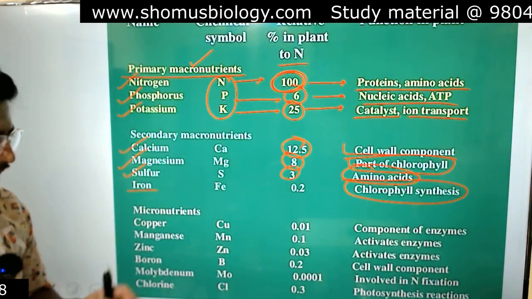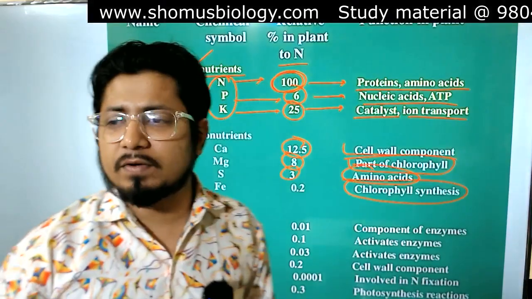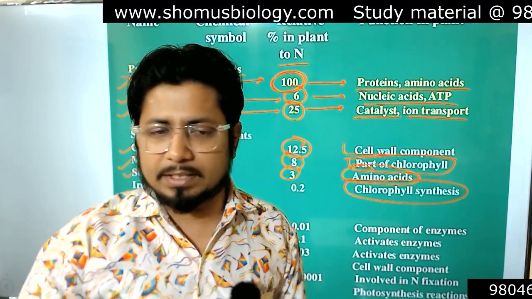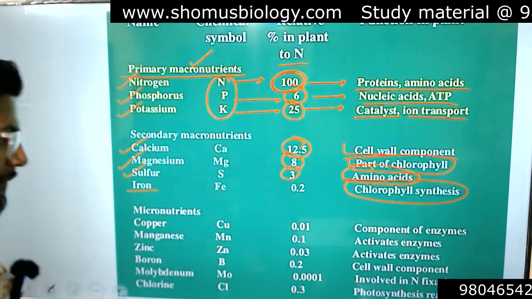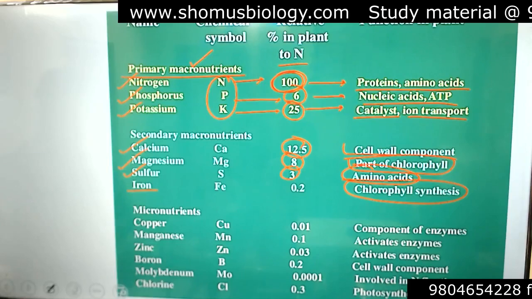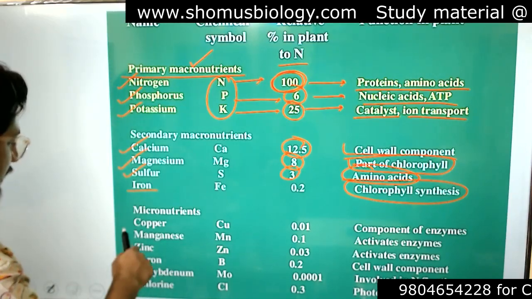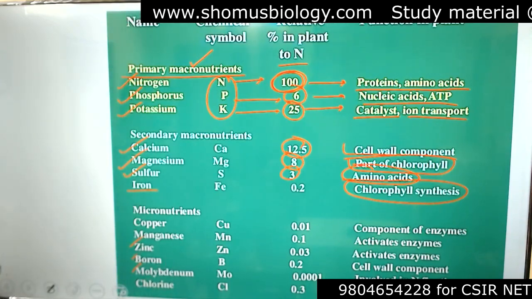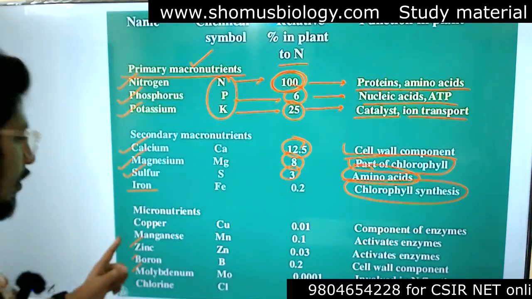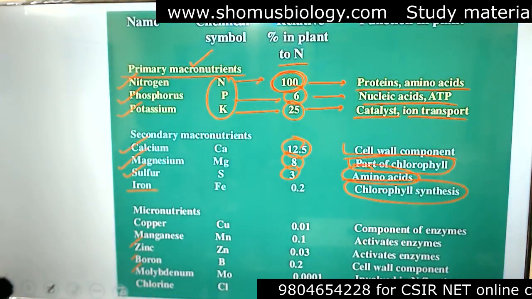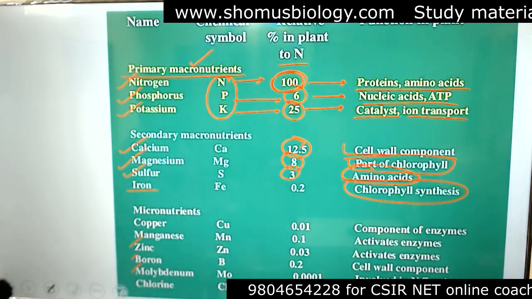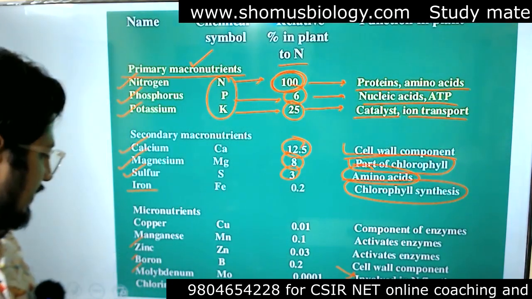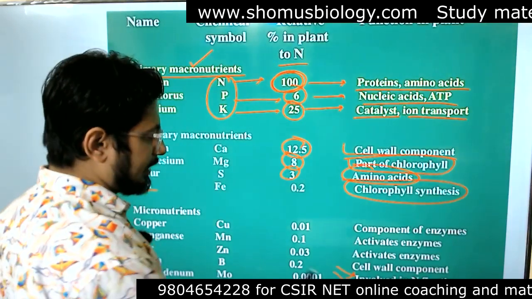Now we'll have the last thing, micronutrients, which are needed in very tiny amounts for proper functioning. Most of these micronutrients are components of enzyme activity, like the cofactors that we know. There are different micronutrients helping the enzymes to perform their own function. Copper, manganese, zinc, boron, molybdenum, chlorine: these are all micronutrients. Copper is part of enzymes, manganese activates enzymes, zinc activates enzymes, boron is a cell wall component, molybdenum is involved in nitrogen fixation, and chlorine helps in photosynthetic reactions.